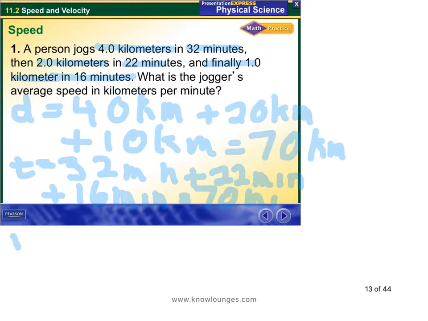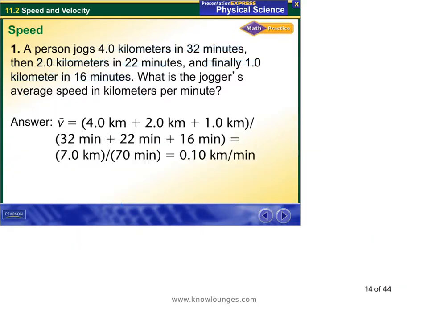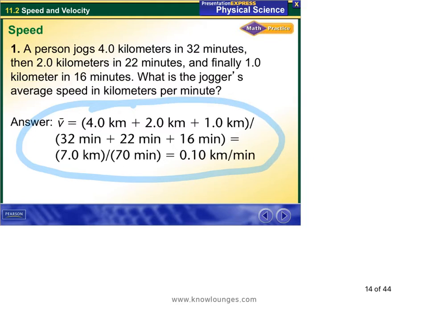V bar equals d over t, so it's equal to 7.0 kilometers divided by 70 minutes, which is going to give us 0.10 kilometers per minute. There is a different way of writing it down, illustrated here. Same work, just a little different way of writing it down.